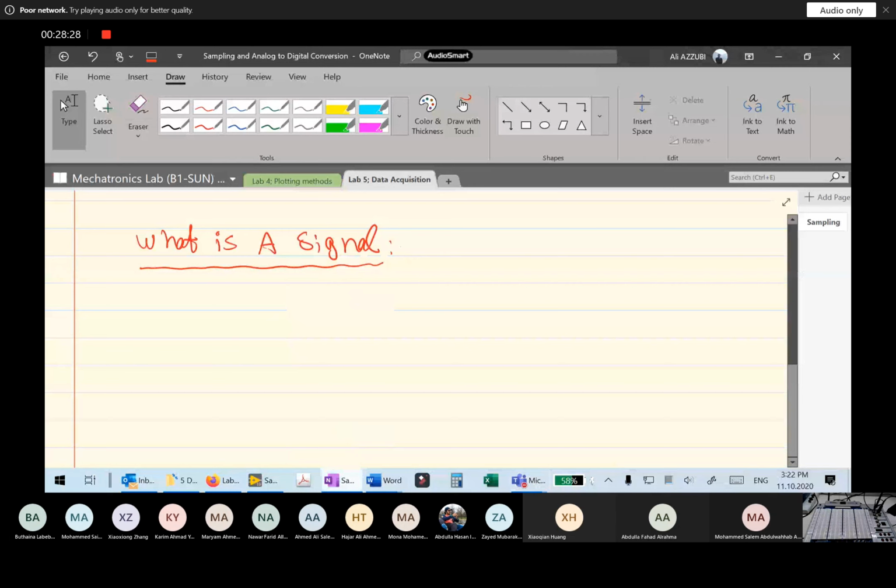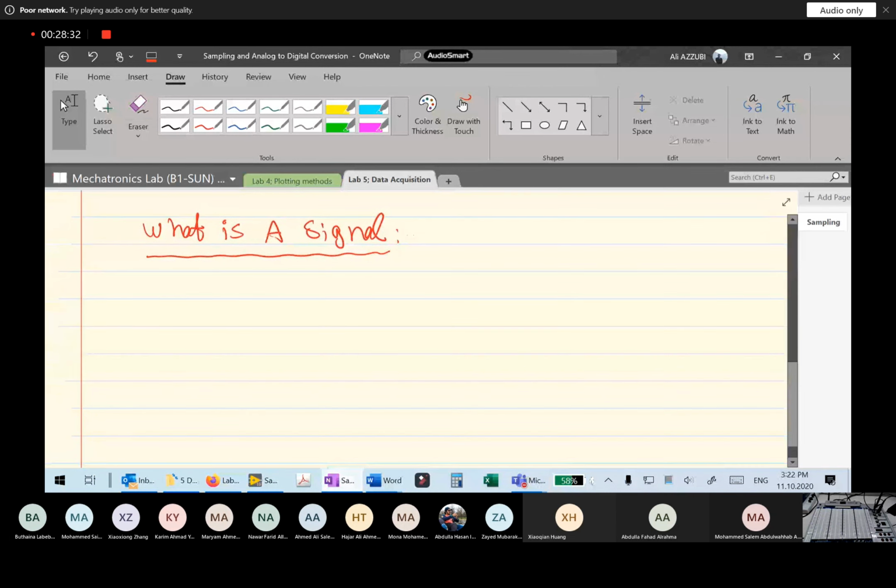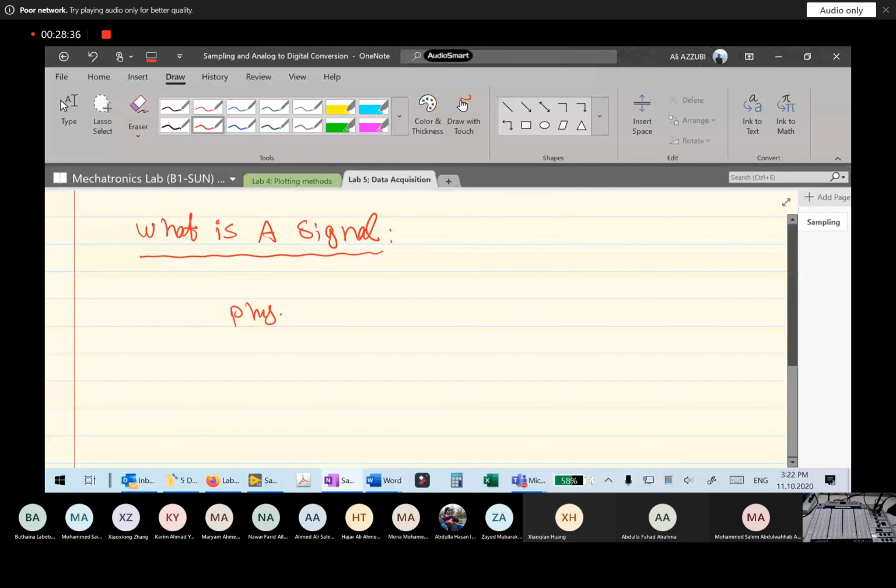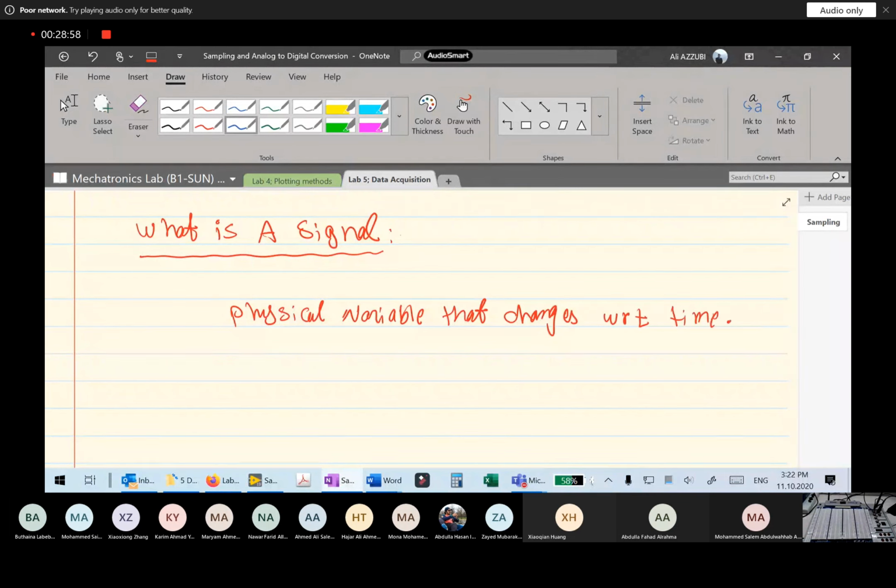All right, so a signal is a physical variable that changes with respect to time. And this is my main concern.